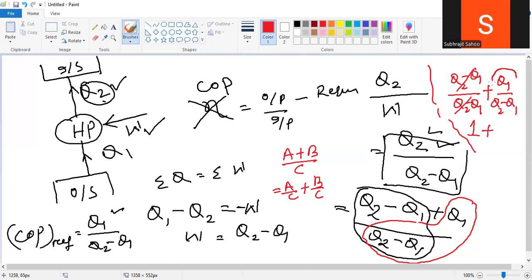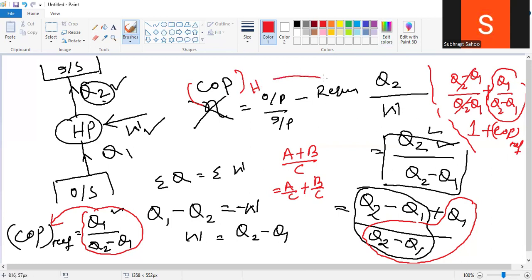Observe what is the term: Q1 by Q2 minus Q1. For what purpose? COP of refrigerator. That means this is COP of heat pump, right? COP of heat pump is equal to 1 plus COP of refrigerator.